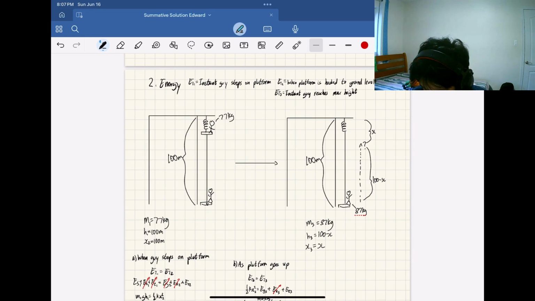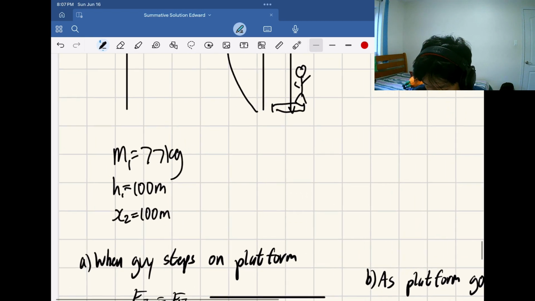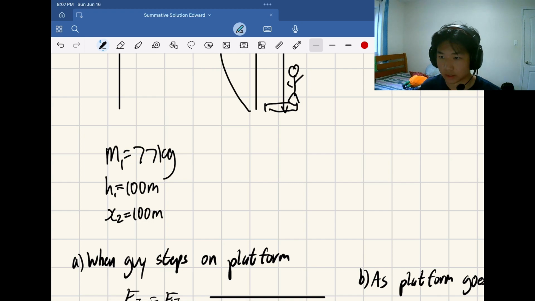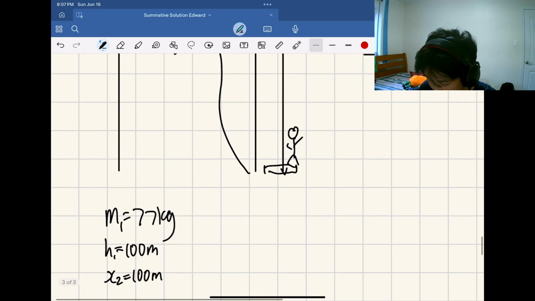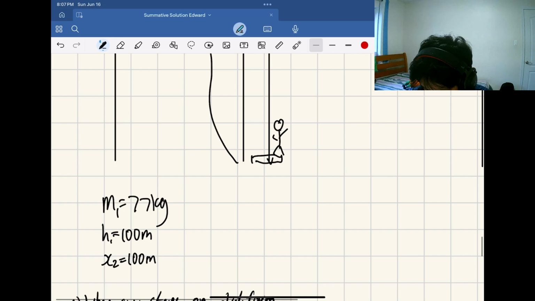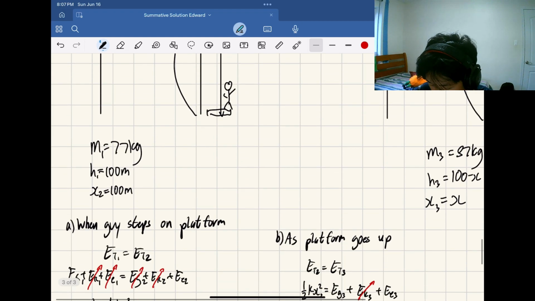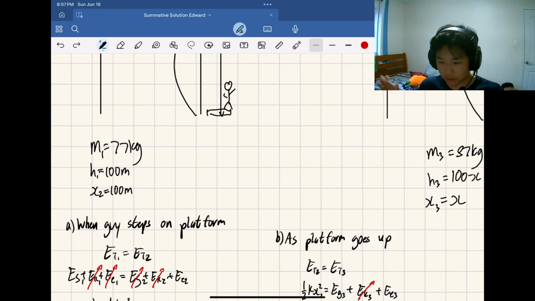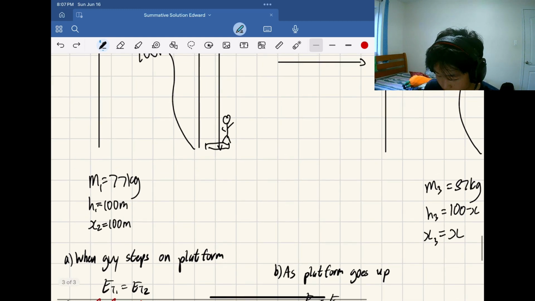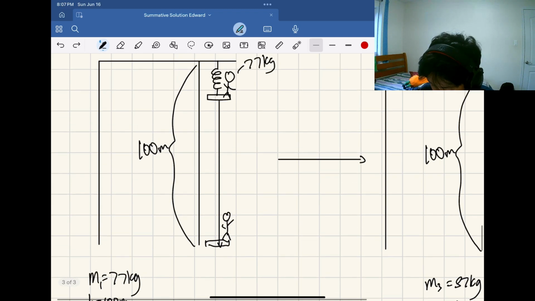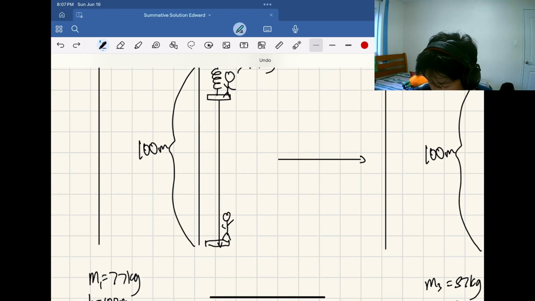For the first event, the givens are that the mass of the guy is 77 kilograms. The height is 100 meters because the building is 100 meters, and the spring is stretched by 100 meters when the guy is down at ground level.